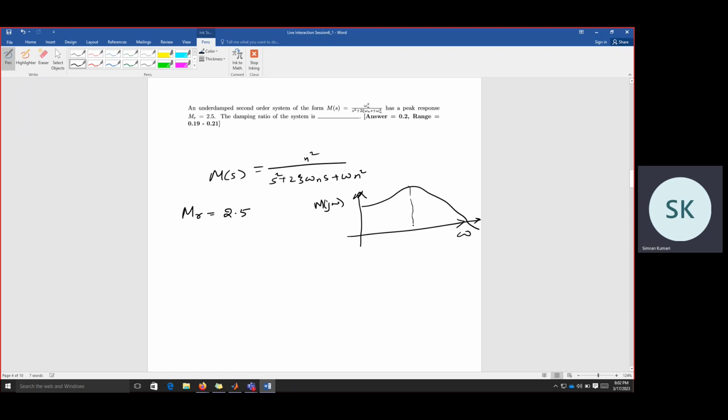At the frequency where it has maximum amplitude, this is the resonance frequency, and this is the peak response M_R. So how do we find this value of M_R? M of j omega attains its peak at this value, so we just differentiate M of j omega with respect to omega, and whatever value of omega it gets will give omega r.